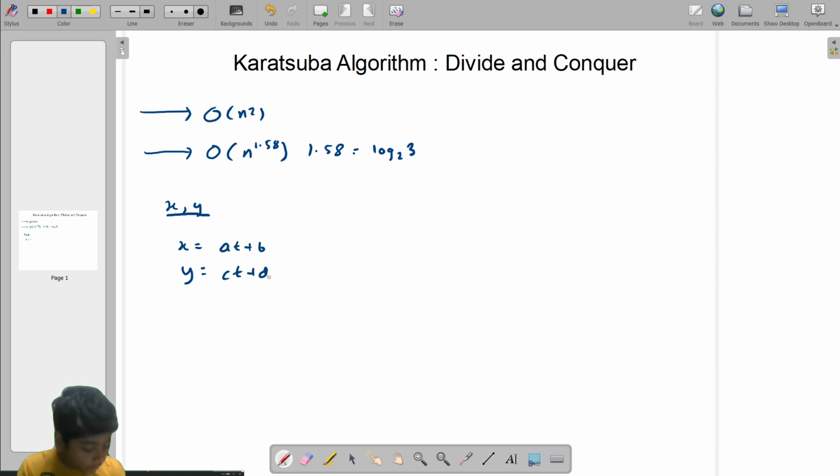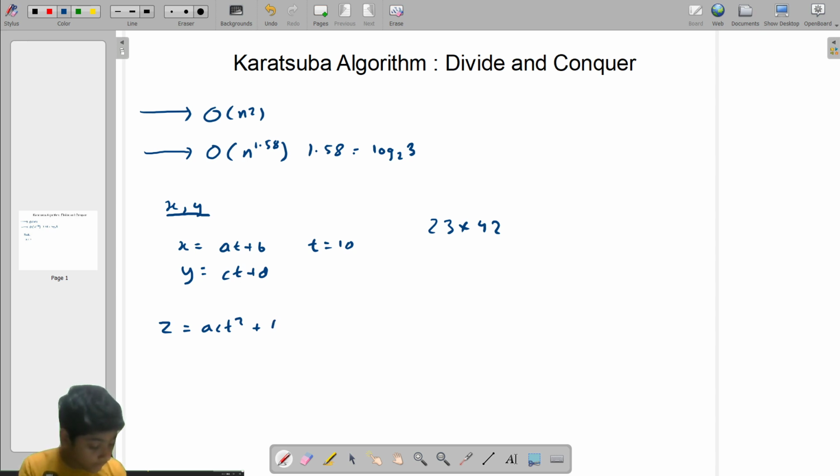So suppose I have taken the polynomials in this form. Our target is to multiply 23 into 42. Now x and y are such numbers, and when I multiply I get z, which is equal to act square plus, now a t will be multiplied by d and b will be multiplied by ct.